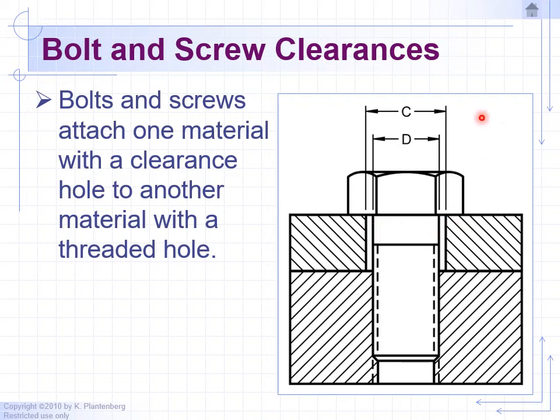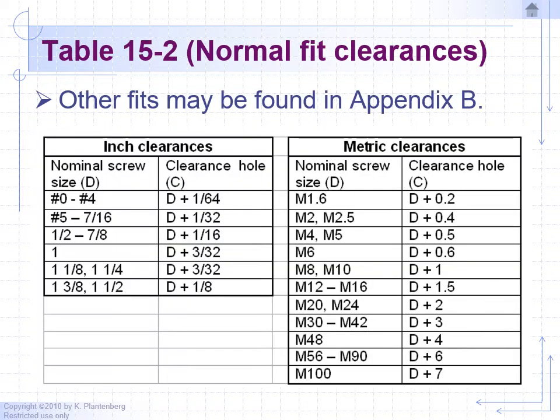Okay, so for that clearance hole we were just talking about for the bolt, the clearance hole in the top plate, how much clearance should you use? So if we're looking at a 1-inch diameter bolt, you want to take the 1 inch and add 3/32, make a 1 and 3/32 diameter clearance hole.